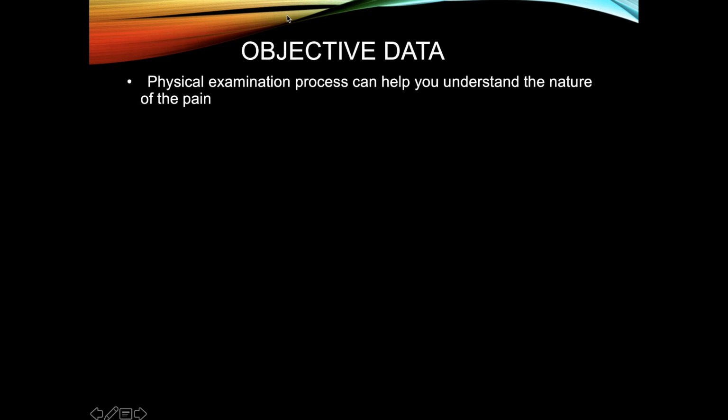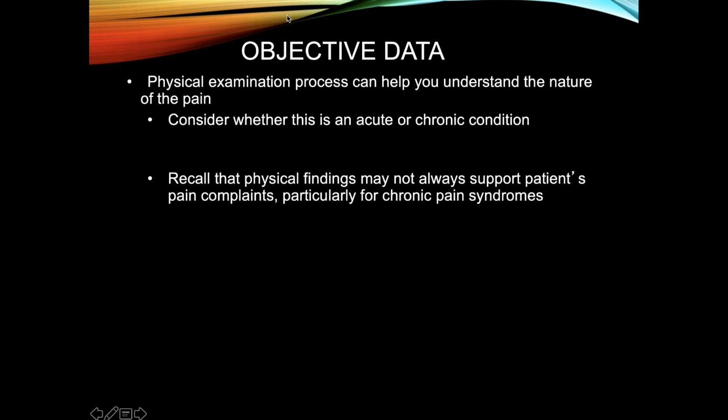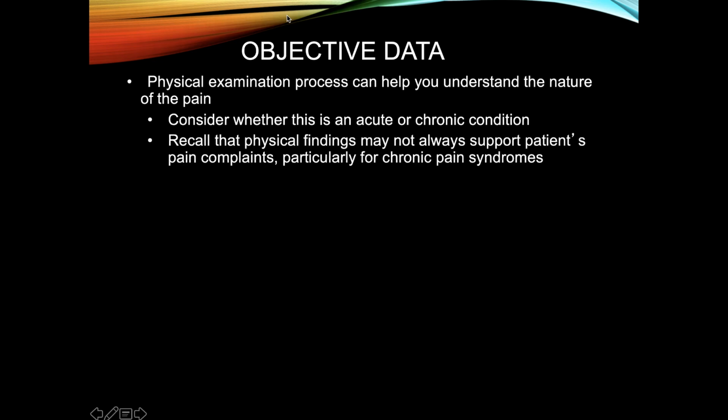The objective data that we're going to get, physical examination, can help you understand the process of it. We're going to consider whether this is an acute or a chronic condition. We generally gather that from our subjective data. The physical findings may not support the way that they present to you with their complaints. We have to take that into consideration.